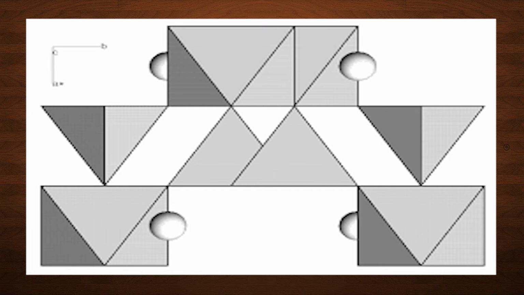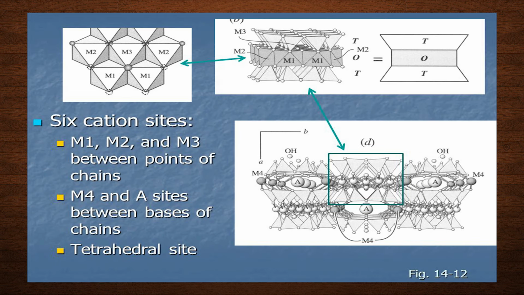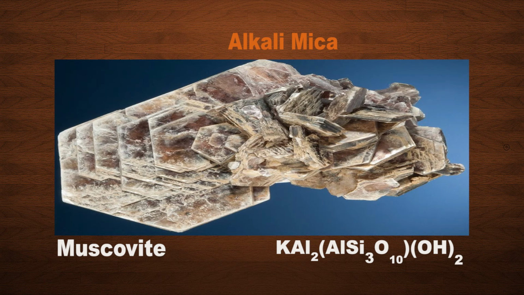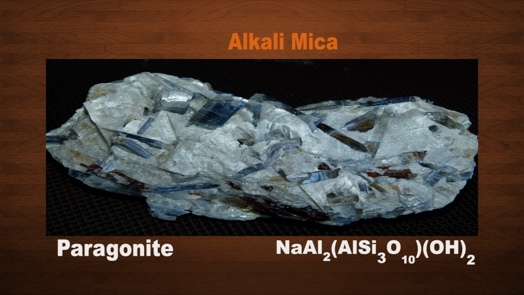The repeat distance is 10 angstrom along the C direction, with a T-O-T stacking pattern, two tetrahedral sheets for every 1 octahedral sheet. Alkali mica: muscovite, white mica or potassium mica, KAl2(AlSi3O10)(OH)2. Paragonite, soda mica, NaAl2(AlSi3O10)(OH)2.